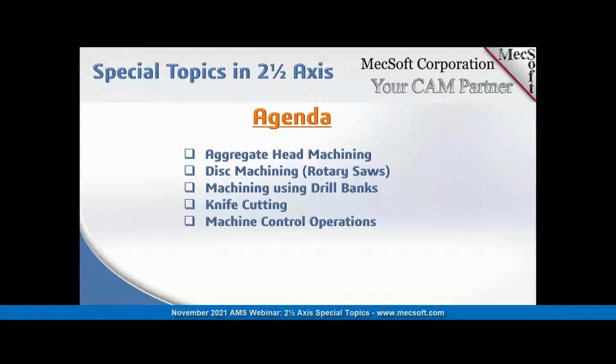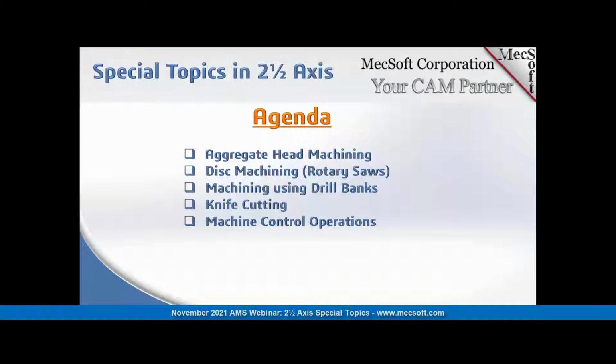First, aggregate head machining, where you can attach an aggregate head to your spindle and machine in various orientations. Also, we're going to cover disc machining, which is a form of aggregate head machining where you can attach a saw blade or other cutting disc to your spindle.